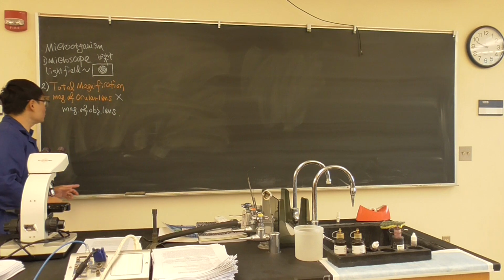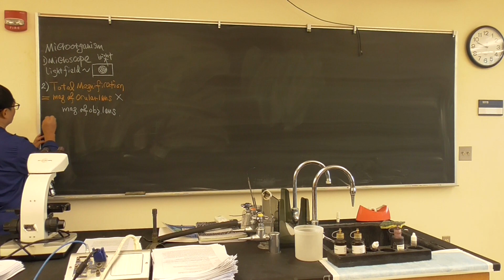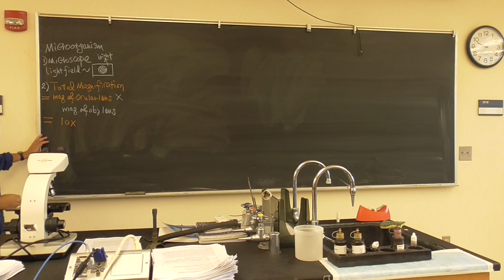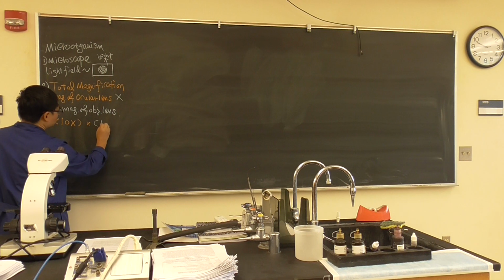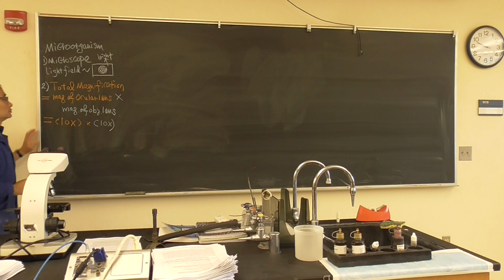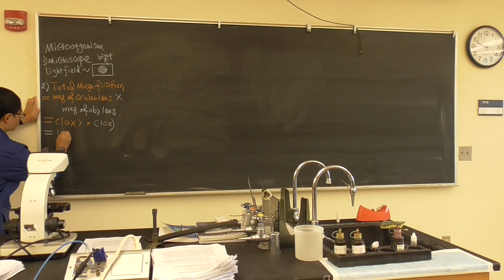Okay? Ocular lens, the magnification. The microscope we are using is always 10. So the ocular is always 10x. And the magnification of objective lens could be multiple. Let's say you have a 10x objective lens. So, what is the total magnification? 10 multiplied by 10 equals 100. If the magnification of objective lens is 40x, what's the total magnification?